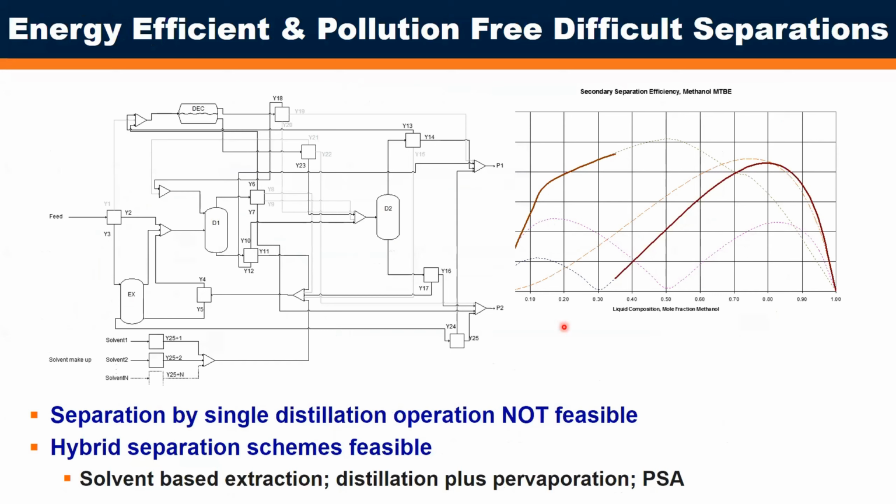So here's a plot on the right where we have a variety of separation techniques that have maximum driving force at different locations of the composition space. So at low concentration here, pervaporation has the highest driving force. Towards the end of the composition space here, distillation is above a lot of the other technologies.